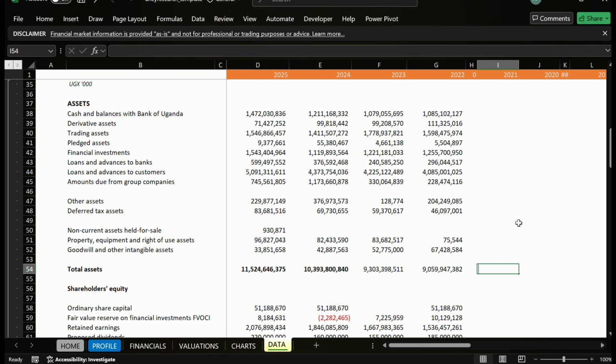So, let me see. Equals to minus sum. Let me just run this quickly here.